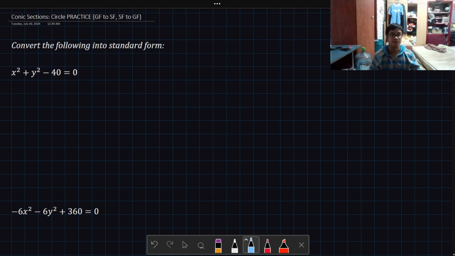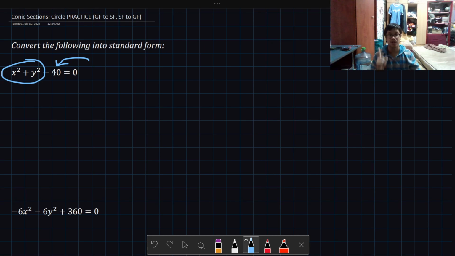So let's convert the following into standard form. We have x squared plus y squared minus 40 is equal to 0. As I previously discussed, when converting a general form to standard form, if you have x squared and y squared and a given constant term, then it's easy to convert them into standard form.